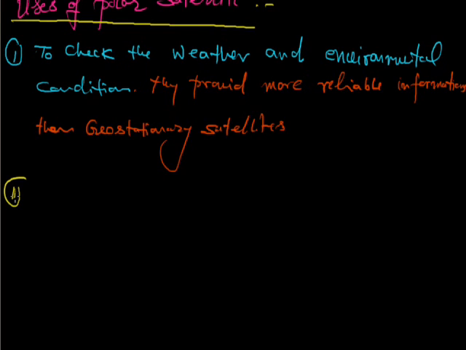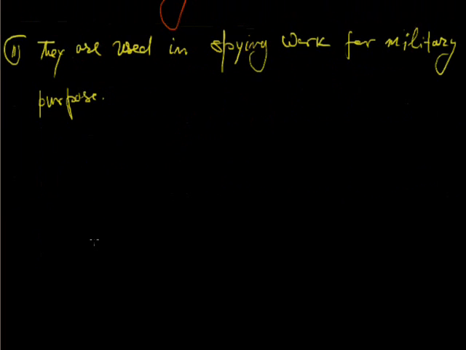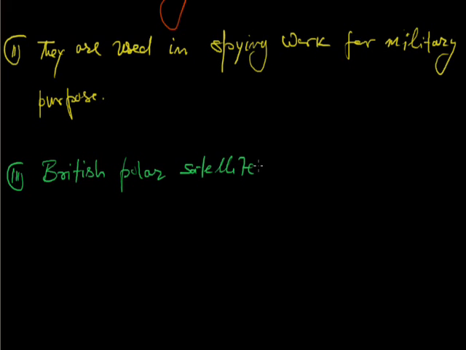Second use is they are used in spying work for military purposes. Third, the British polar satellite first detected the hole in the ozone layer.